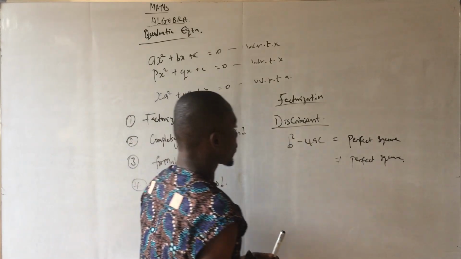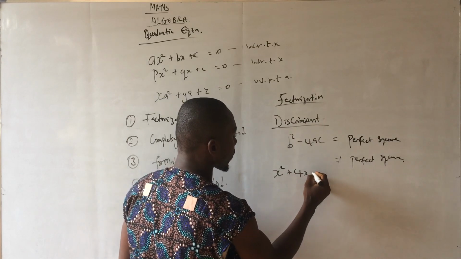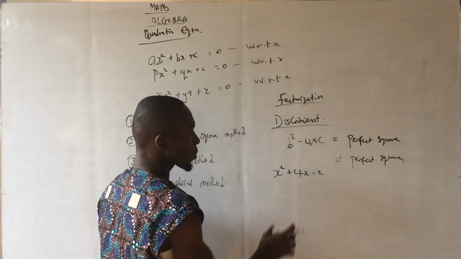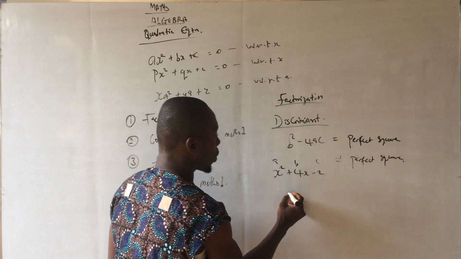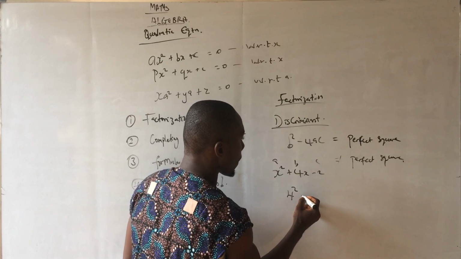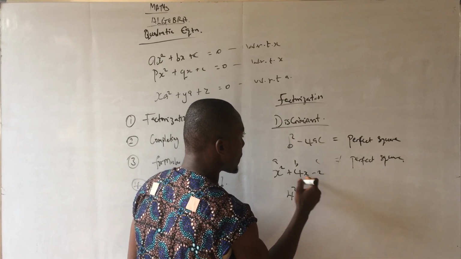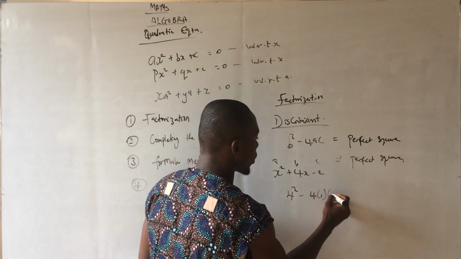For example, we have this equation x squared plus 4x minus 2. This is our a, b, and c. Our b is 4, squared, minus 4 times a, which is 1, times c, which is minus 2.